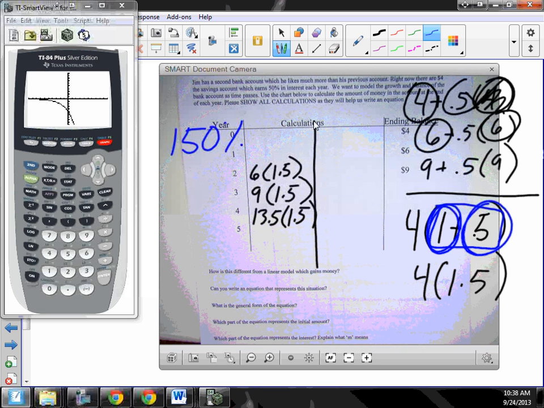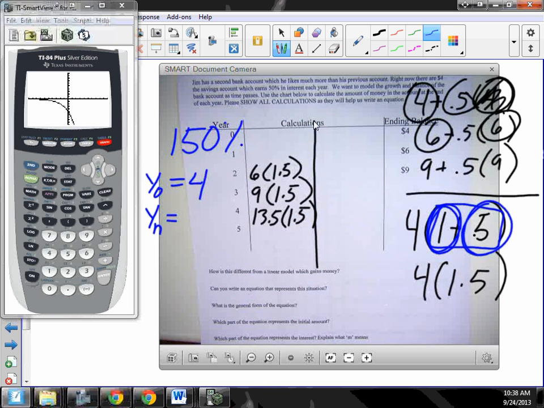So here's the equation. The recursive equation is y sub 0 equals 4. We start with $4. And then if I want to find any year n, how am I going to calculate that year n? I'm going to take last year. Well, if this year is n, what was last year? One number smaller than n. Well, I don't know what n is, so I just write n minus 1.